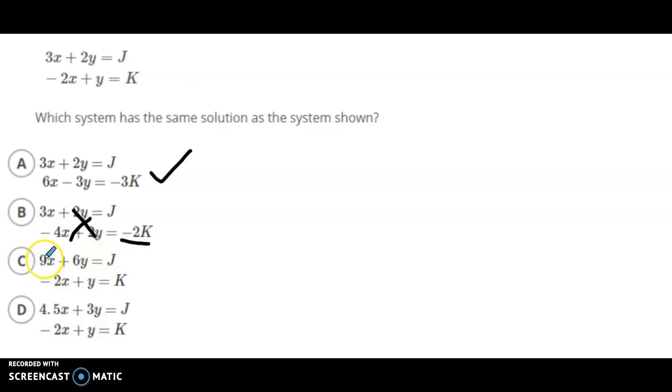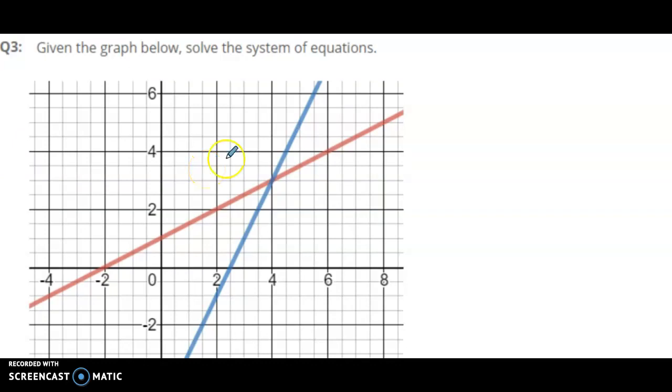They multiplied the left side by 3 to get to 9x plus 6y, but they didn't multiply the j by 3, so this won't work. And on the bottom one, 4.5y plus 3y equals j. I don't even know what that is. If it looks too bad to be true, then it is. The answer is A.